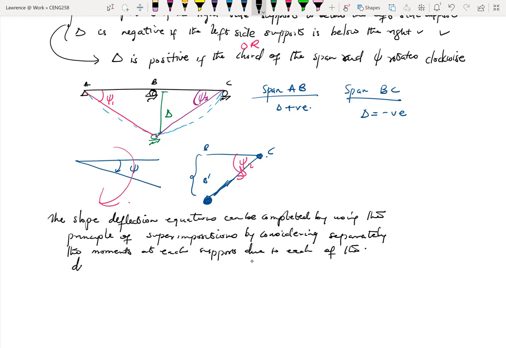Okay. So in this case, our displacements are theta A, theta B, delta. Okay, so we'll look at the displacement and also the loads.